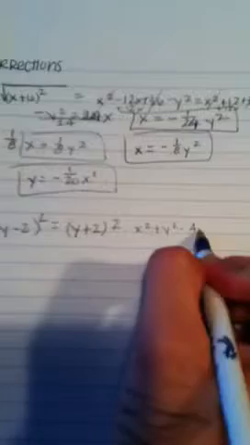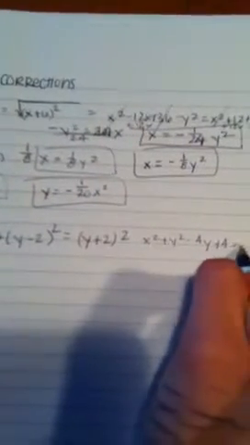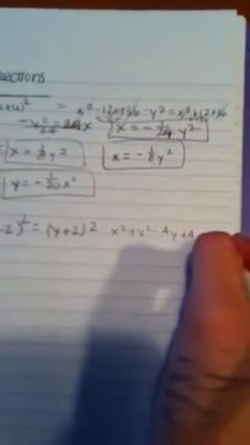So you have x squared plus (y - 2) squared is equal to (y + 2) squared. You distribute that out to get x squared plus y squared minus 4y plus 4 is equal to y squared plus 4y plus 4.